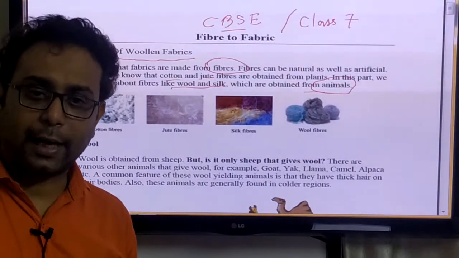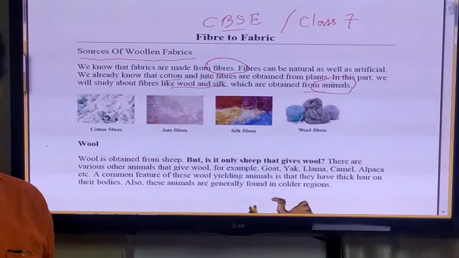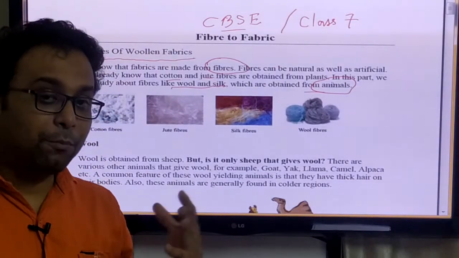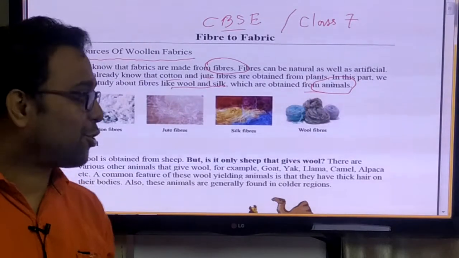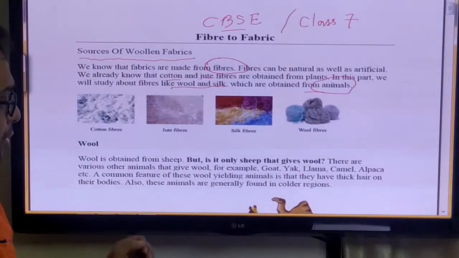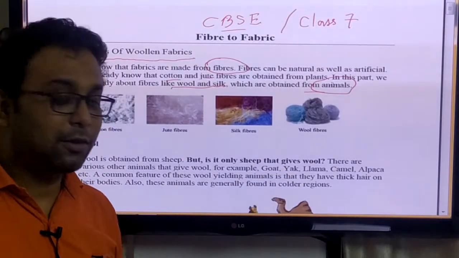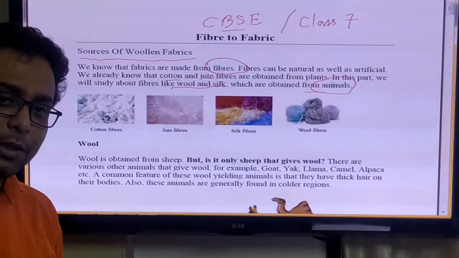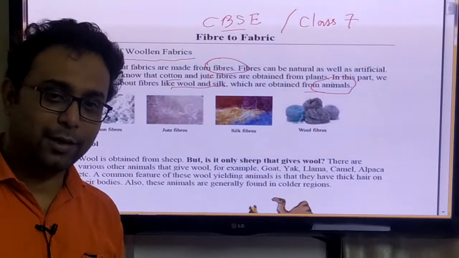So we conclude that plants and animals both produce fibers, and from these fibers fabrics are produced: cotton fibers, jute fibers, silk fibers, and wool fibers. You already know they have different uses and different products are produced, right?